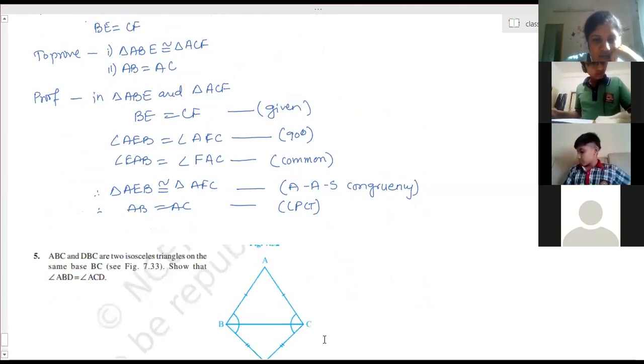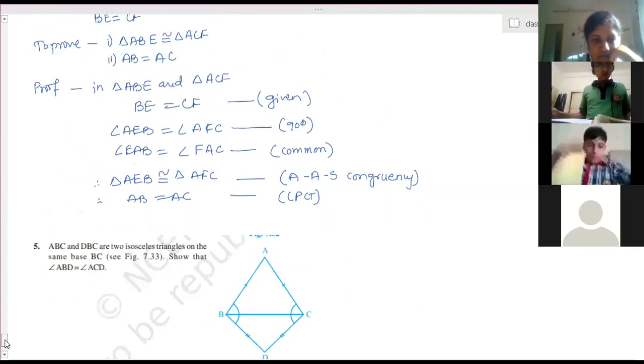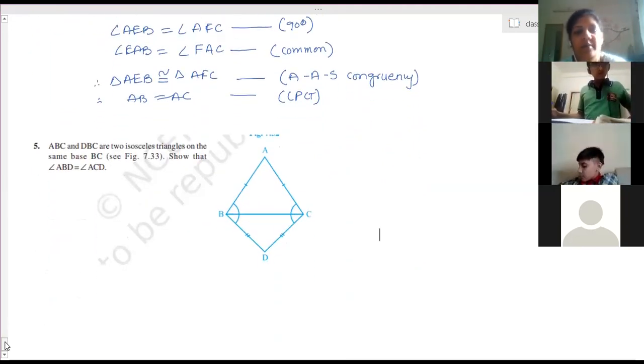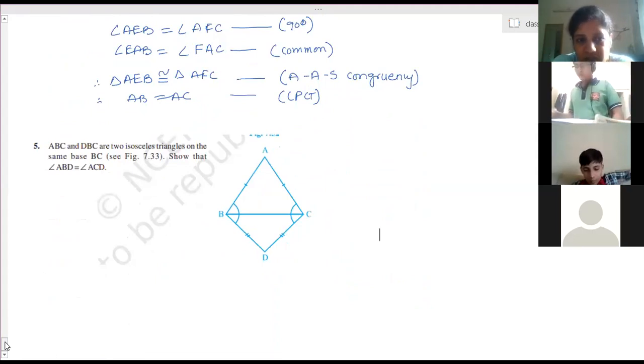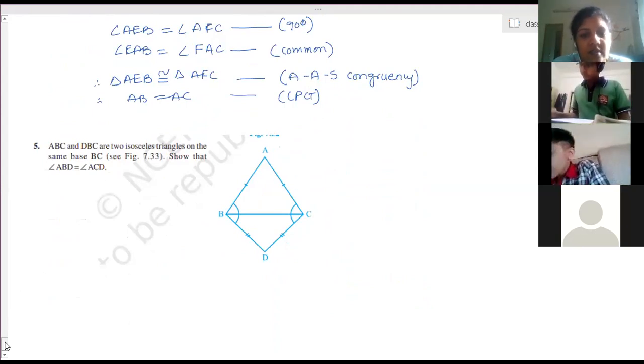Fifth one. ABC and DBC are two isosceles triangles on the same base BC. Show that angle ABD is equal to angle ACD. How to prove? Both are isosceles triangles. That means AB is equal to AC as well as DB is equal to DC.